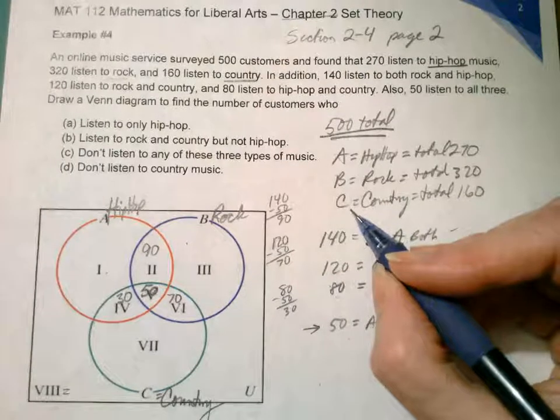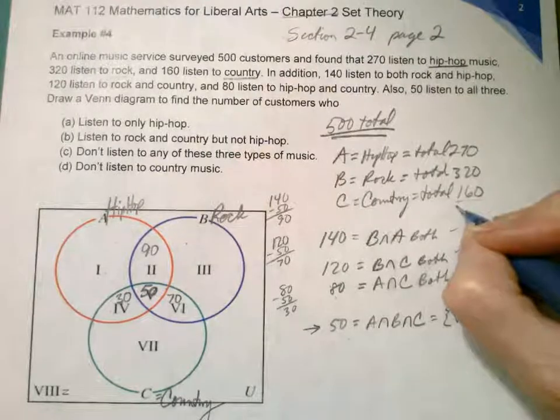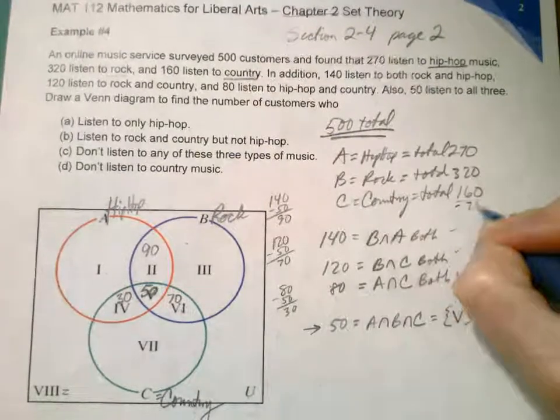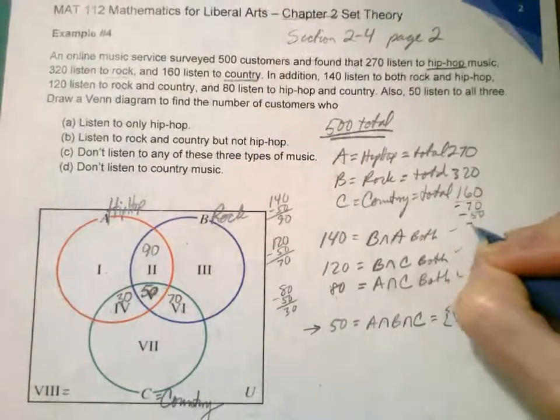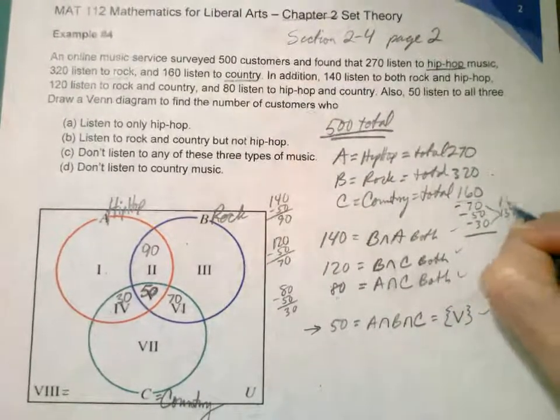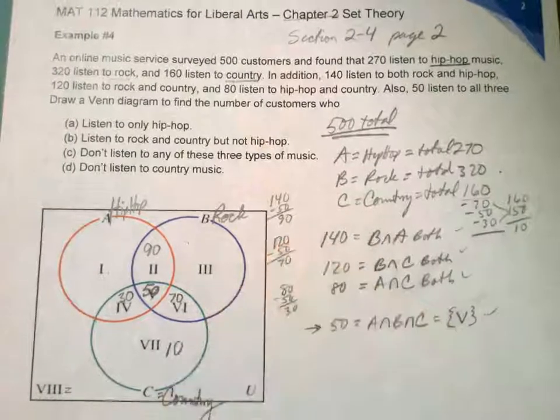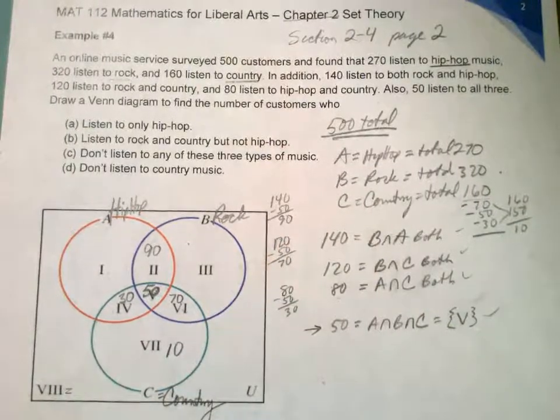Okay. Country had a total of 160. So 160 minus 70 minus 50 minus 30, that's 150. So that's 10. That's interesting. So only 10 people in this 500 customer survey listen to only country.